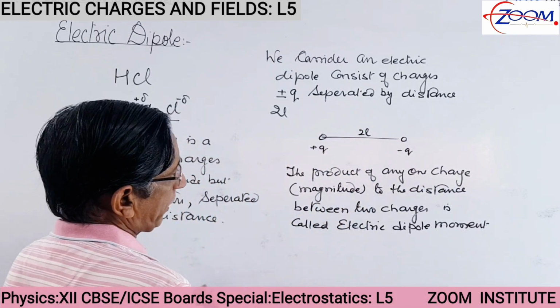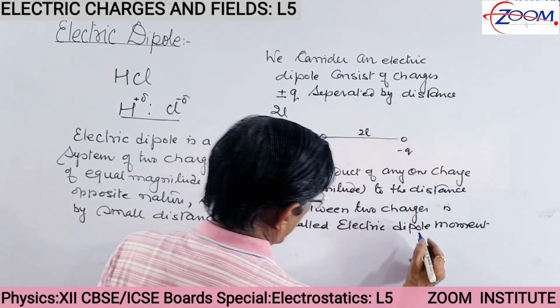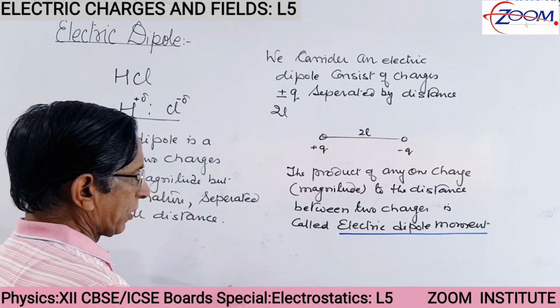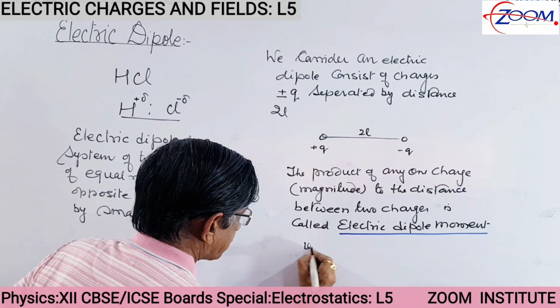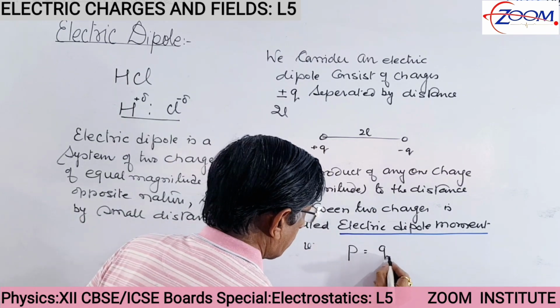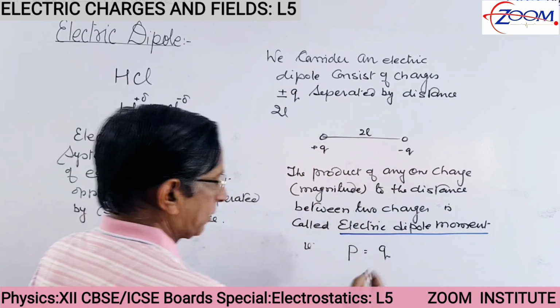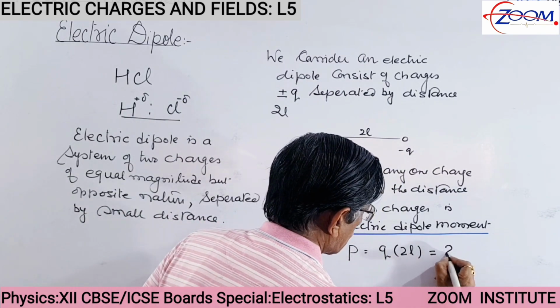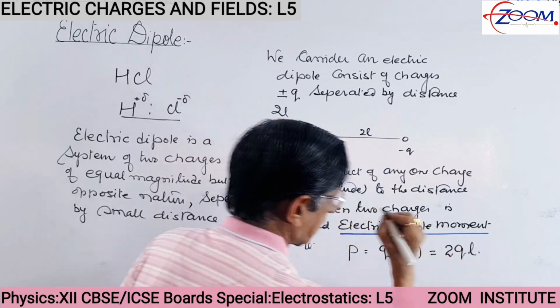So the product of the magnitude of any one of the charges with the distance between the two charges is called what? Electric dipole moment. That is, electric dipole moment P is equal to the magnitude of any one of the charges times the distance between the two charges, that is equal to q times 2L.